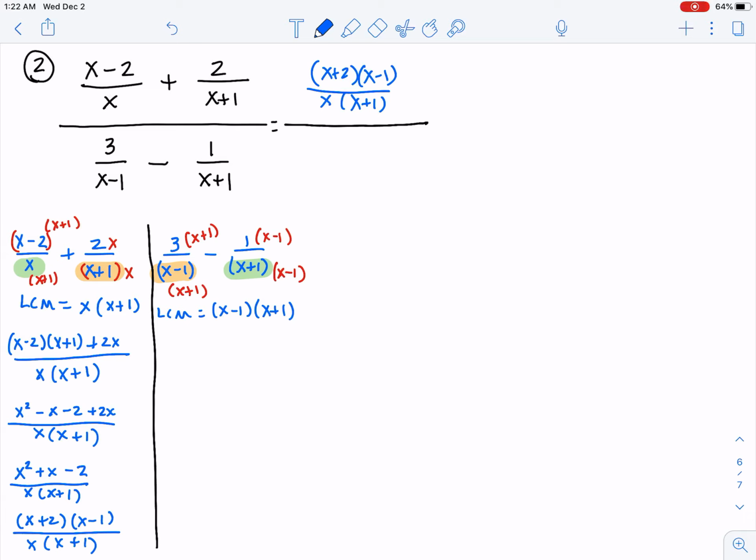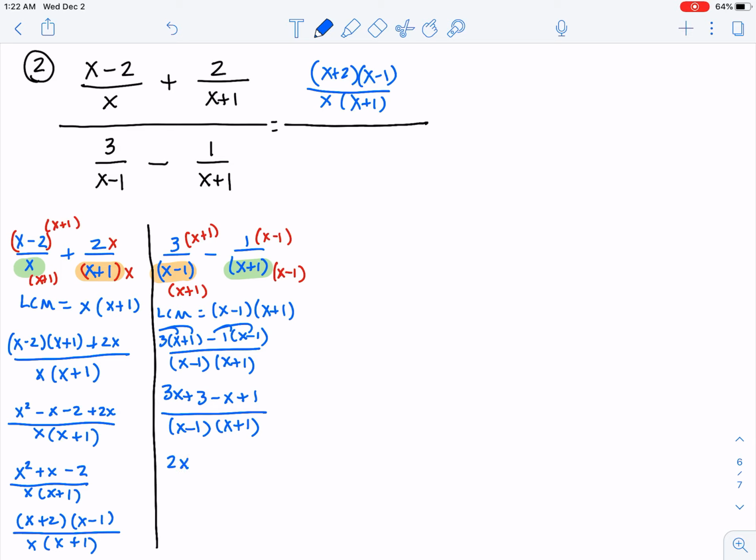All right, so with this, I'm going to rewrite it using that common denominator. So I have 3 times x plus 1 minus 1 times x minus 1. I'm going to distribute: 3x plus 3, minus x plus 1, all over x minus 1, x plus 1. All right, combine like terms.